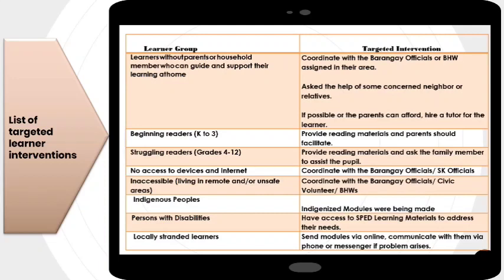For the IPs or indigenous people, indigenized modules are being made. For PWD, persons with disabilities, provide access to SPED learning materials to address their needs. And for locally stranded learners, send modules, and communicate with them via phone or Messenger if a problem arises.